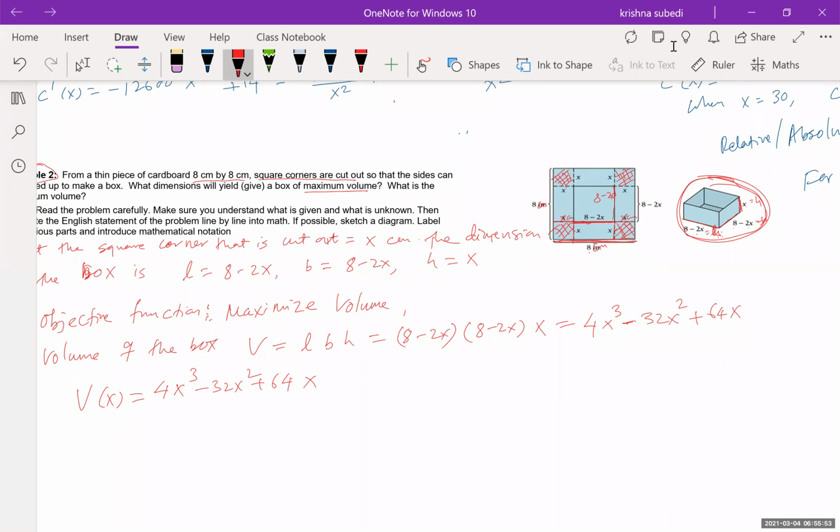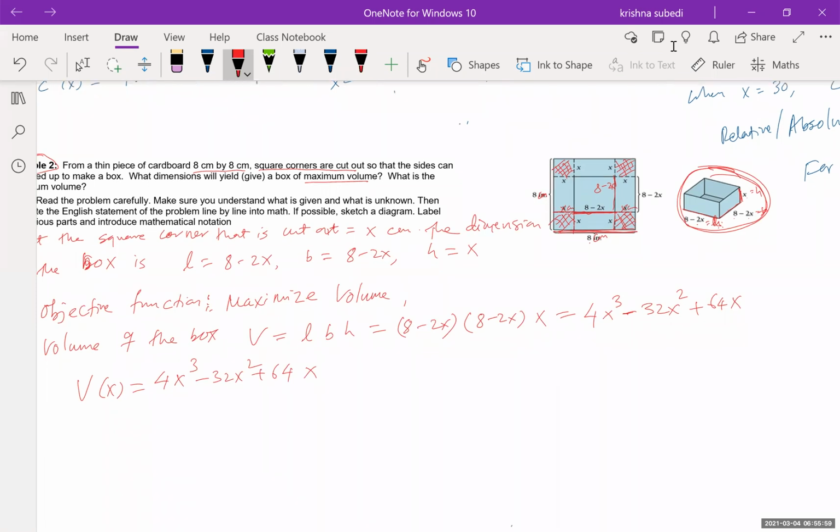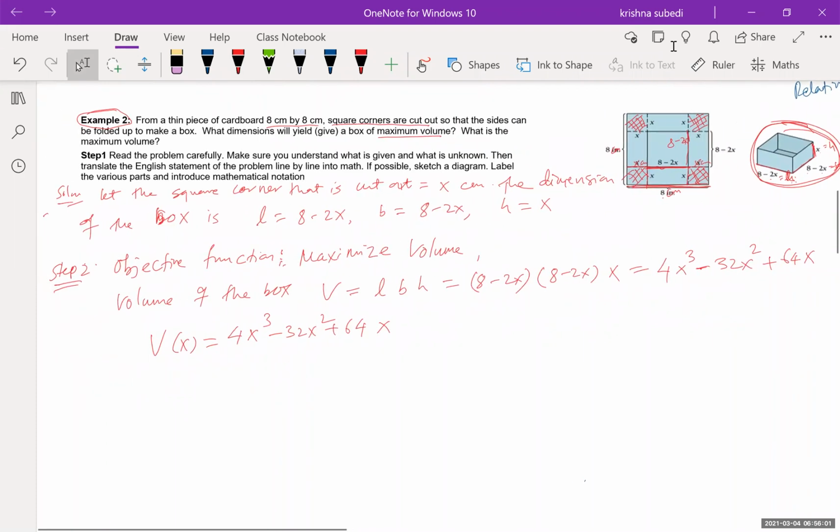But in this case, we have only one variable. Now the objective function is this. All we need to do is find the critical points and then test which value is maximum. That's all we need to do.